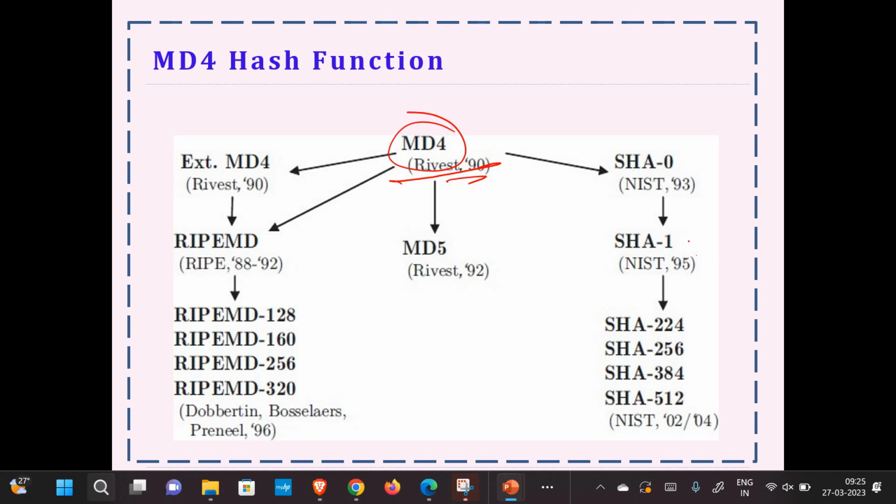Based on that, in 1995 came SHA-1, and SHA-512 was standardized around 2002. Even in 2011 some modifications have come in for SHA. But that's the branch, and that's why we are going to start with MD4, because that's the basis and the basic algorithm, apart from what we have discussed so far, and the most critical in discussing SHA and particularly MD5. Alright, so now let's see the MD4 hash function.